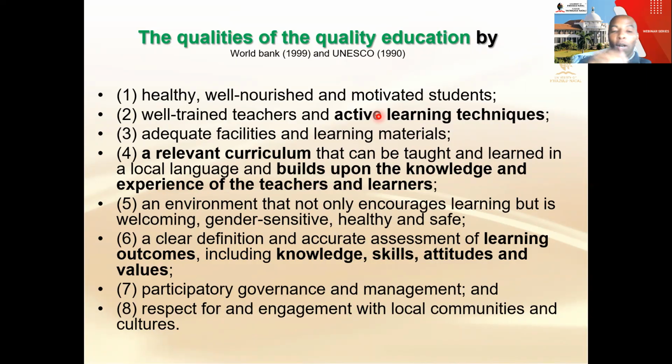And then also the curriculum was supposed to be revised all the time in order to include knowledge, skills, values, and attitudes as part of what we're doing, but building from our local knowledge. So local knowledge was important as the basis of what we wanted to achieve. And then number five, that we needed education that was going to be gender sensitive, health sensitive, for the sake of our learners.